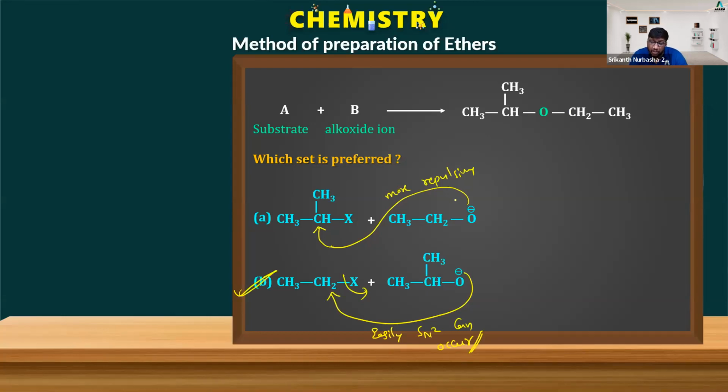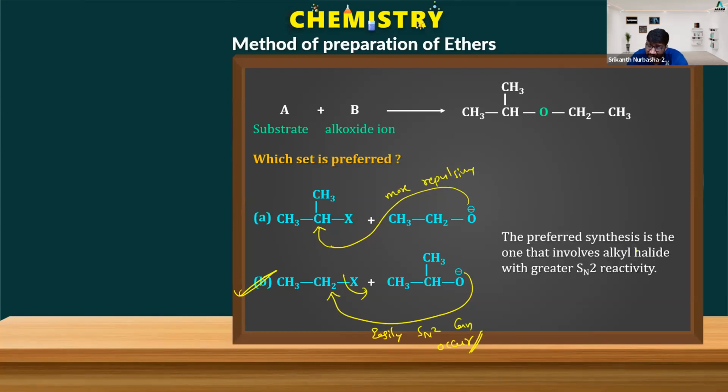If you take set A, you will be getting an ether plus alkene mixture. So the preferred synthesis is the one that involves the alkyl halide with greater SN2 reactivity. Obviously set B is the right option. Which alkyl halide will have greater SN2? The primary alkyl halide.